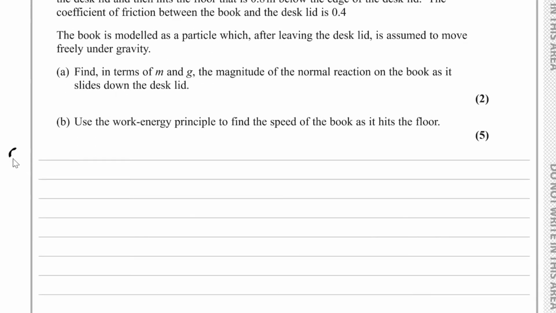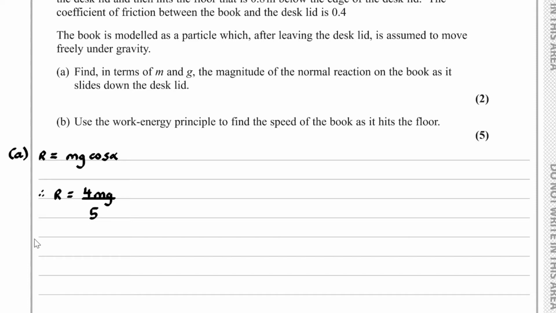So, for part A, resolving perpendicular to the desk lid, R is equal to mg cos alpha. Now, we know what cos alpha is. We worked that out to be 4/5. And so we can conclude R is equal to 4mg over 5.